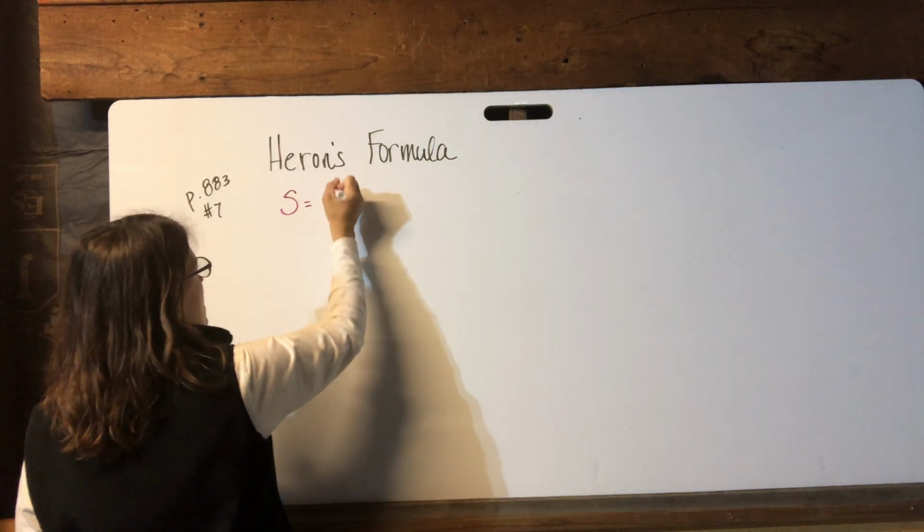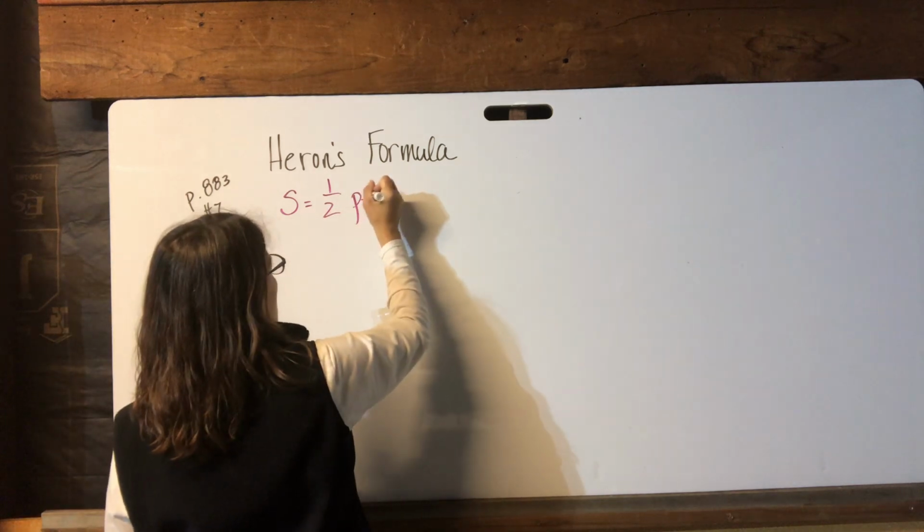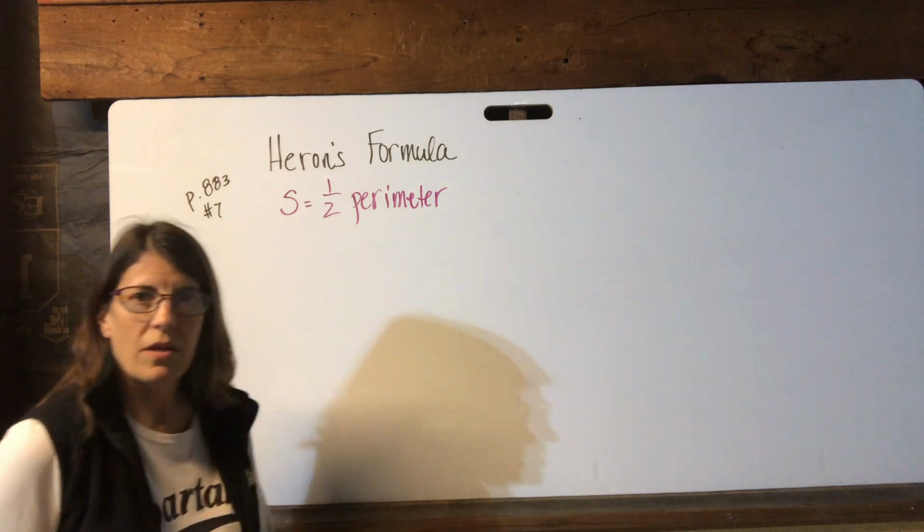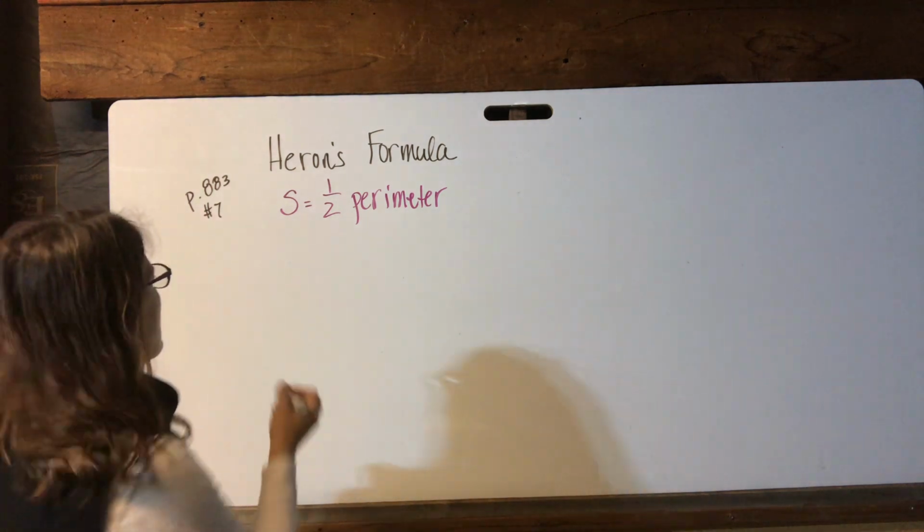Okay, so here I go. S is half the perimeter. What am I talking about? We're going to plug into a formula.